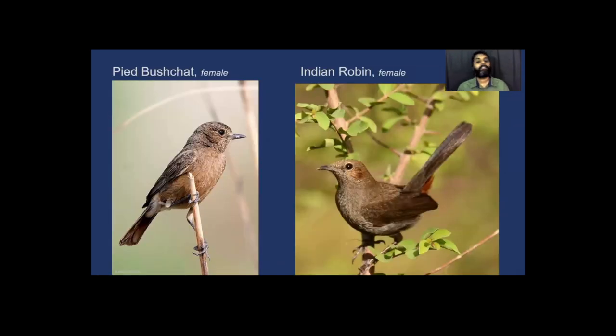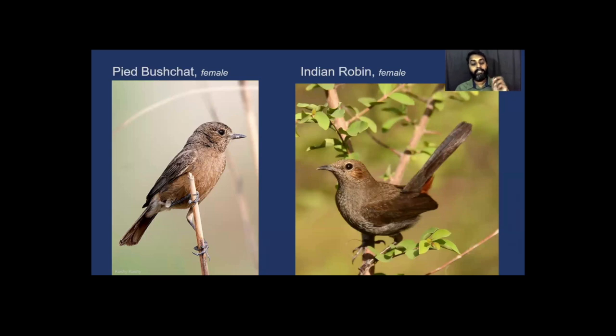If you look at these two pictures here, both the birds, one is a pied bush chat, one is the Indian robin. A new bird watcher, or a bird guide who is new to this field, will get confused initially in identifying these two birds.